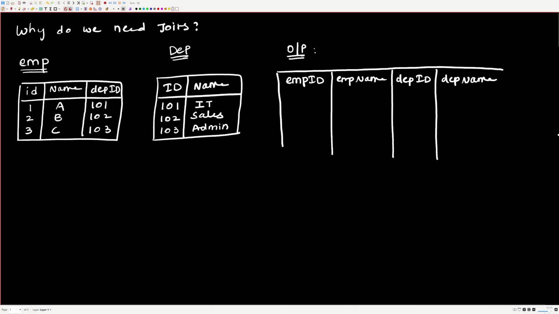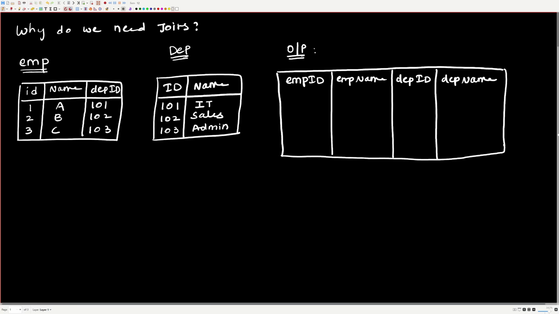They're asking that we want all of these columns. In the employee table, you have the ID, name, department. In the department table, you have the ID and the name. So the output should have employee ID, employee name, department ID, department name. So 4 columns we need.